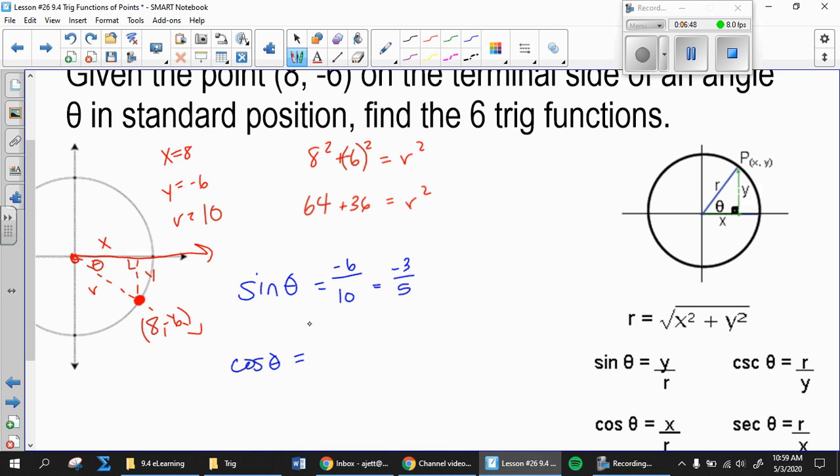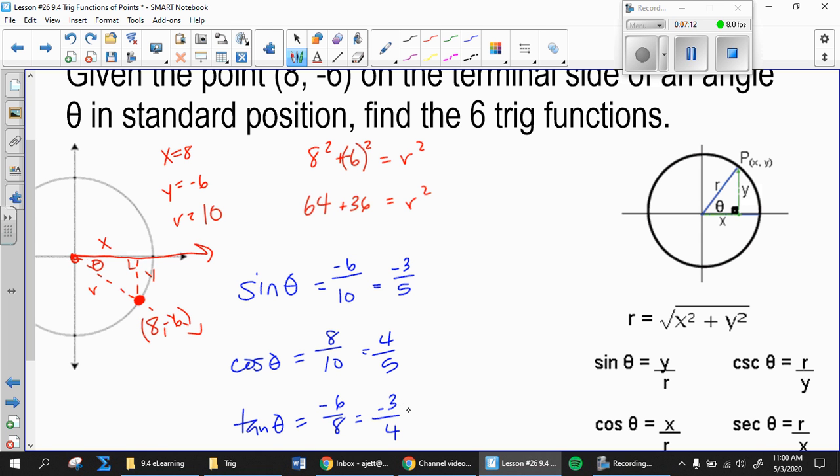Cosine theta, x over r. So I'm going to get 8 over 10, which simplifies to 4 over 5. And tangent theta, which gives us y over x. So negative 6 over 8, so negative 3/4. So notice here, now my sine and my tangent are negative answers.